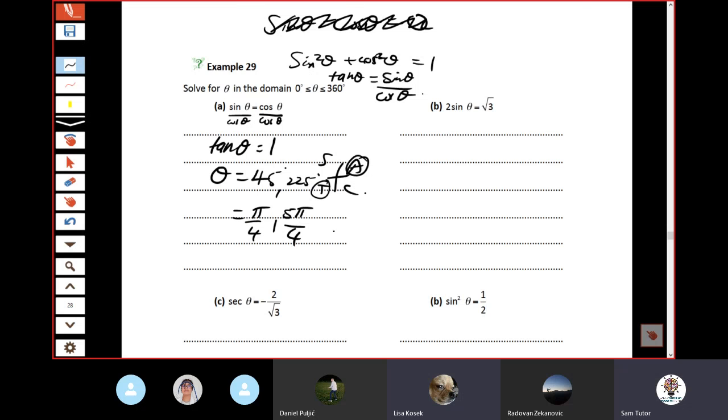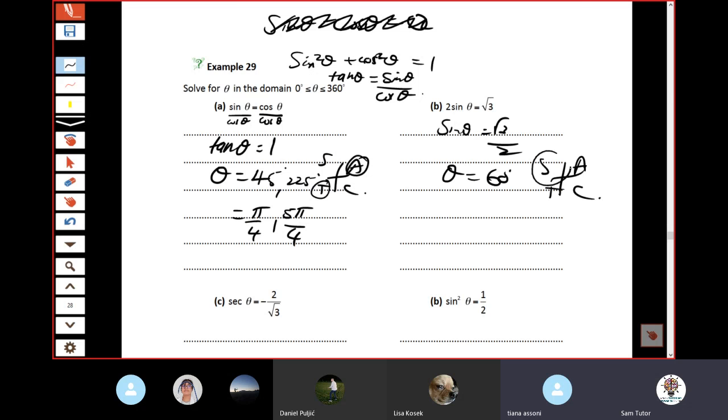Cool. All right. Tiana, let's do the next one. So do you like this root 3 over 2? Yeah, you bring it to the side. So root 3 over 2, and then put it in the calculator inverse, and then you get 60 degrees. Oh, look at you on fire. All stations to central.